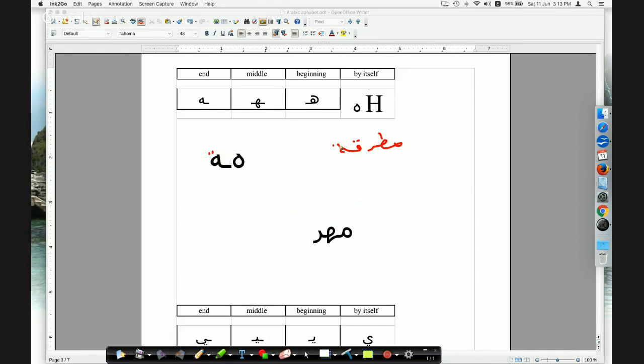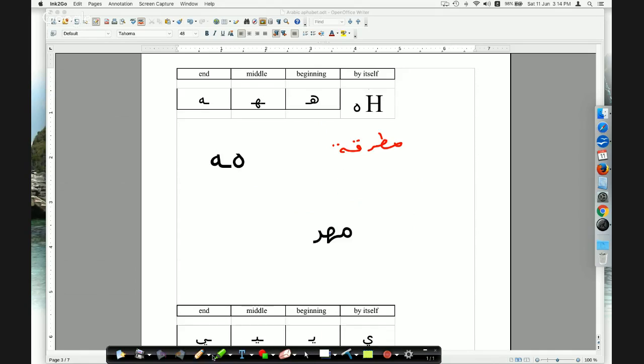Now, why is this ta here very light? Well, this is how it is. I don't want to go into grammar. That will make you more confused. So just try to memorize it. If you see the same shape and one has two dots and one has no dots, the one without dots for sure is a ha, and the one with the dots is a ta. All right, this ta we call ta marbuta. Actually we mentioned that before, if you remember.